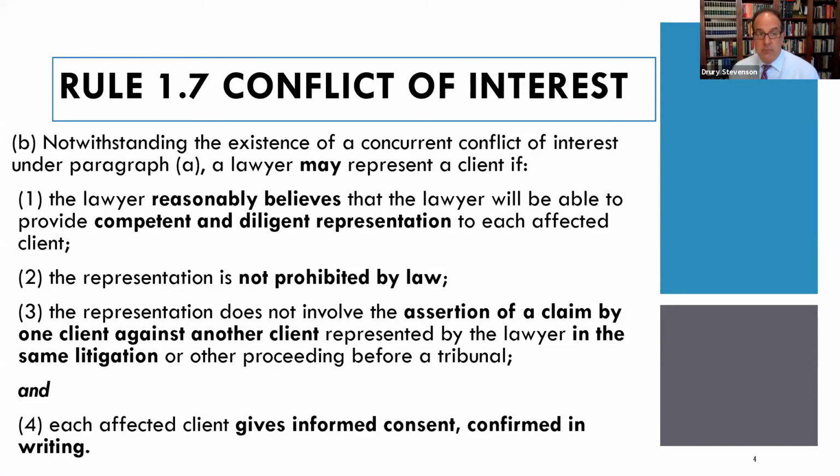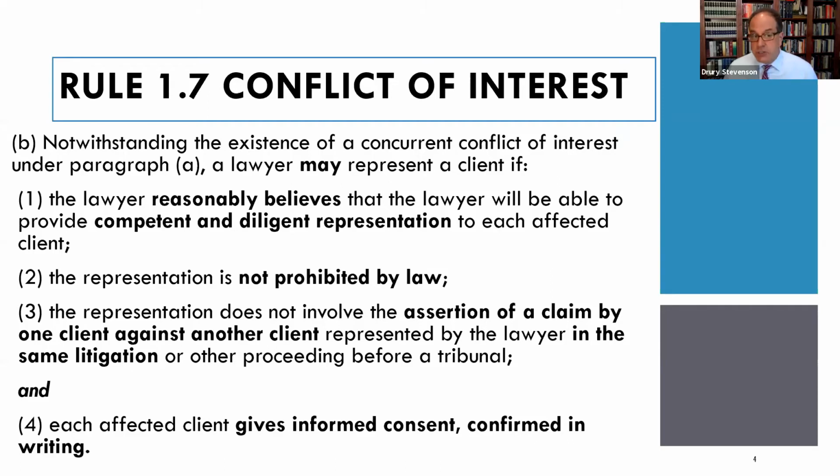Now, I want to talk about B and kind of wrap up this little mini lecture. Notwithstanding the existence of a concurrent conflict of interest, you could still go ahead and represent both of them under certain circumstances. Some of these are going to be positive, like check the box, and others are going to be negative. So first, the lawyer reasonably believes that the lawyer will be able to provide competent and diligent representation to each affected client.